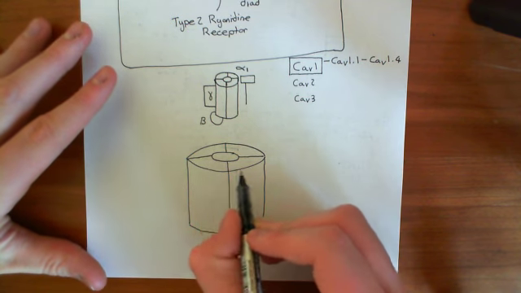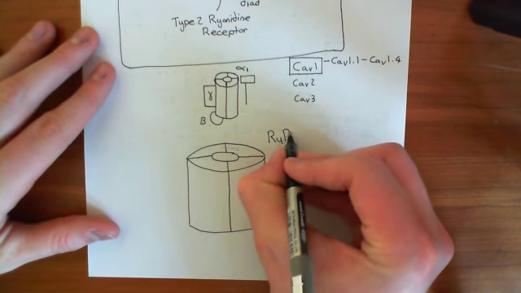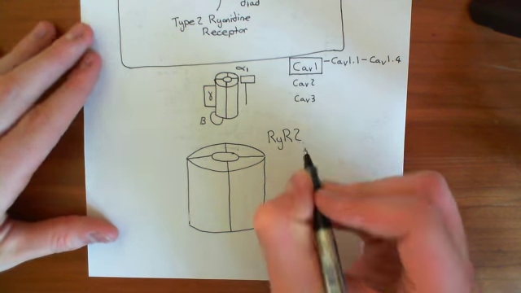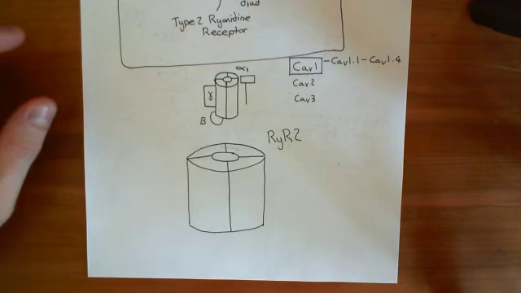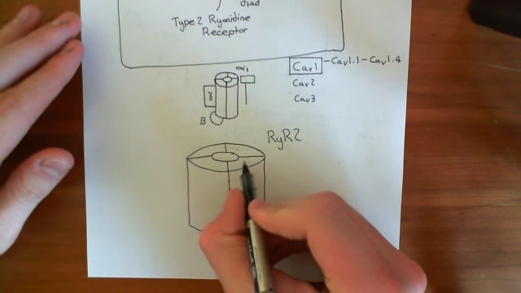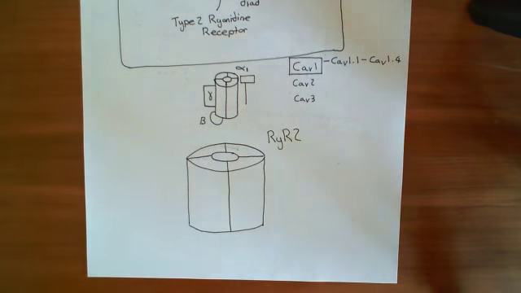So you have 4 polypeptides coming together to make this ryanodine receptor 2, and it's often denoted RyR2: Ry for ryanodine, R for receptor, and then 2 for denoting it's the type 2. Now, each one of these subunits is identical.